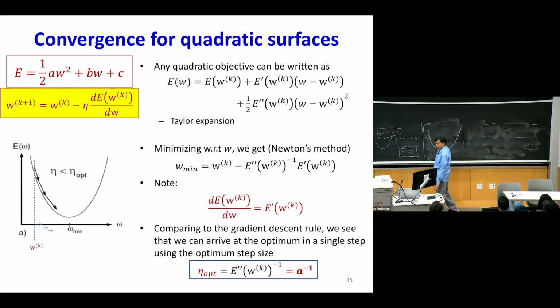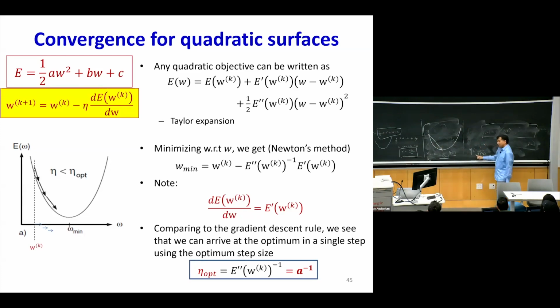I start at some point, and I'm going to use the rule xk equals xk minus 1, minus 1 over f double prime at xk minus 1, times f prime of xk minus 1. And so this gradient descent rule is always going to get me to my optimum in one step. This is my step size, eta equals 1 over f double prime at xk. If I do so, I'm going to go from here to here in one step.